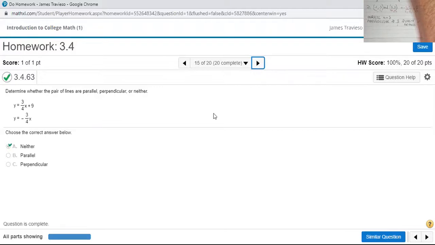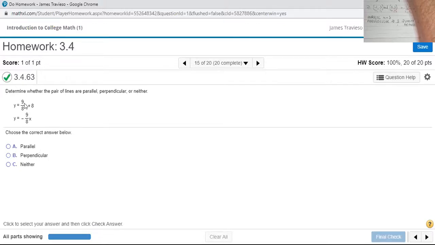All right, let's look at this problem here. It's not really going to require me to write much down. These are both in slope-intercept form. You'll notice one slope is 9 over 8, the other one is -9 over 8. So their slopes are opposite, okay? But what are they not? They are not reciprocal. So basically they're asking you, are they parallel lines?